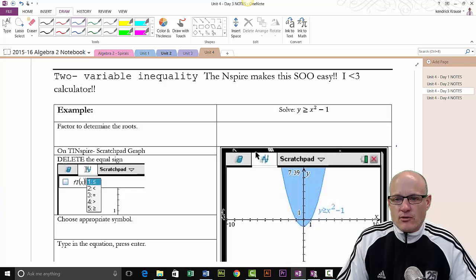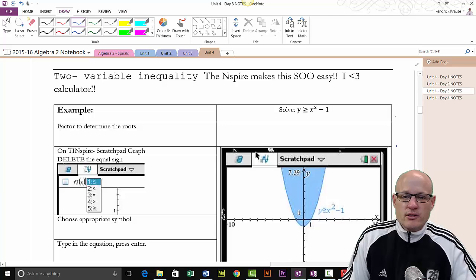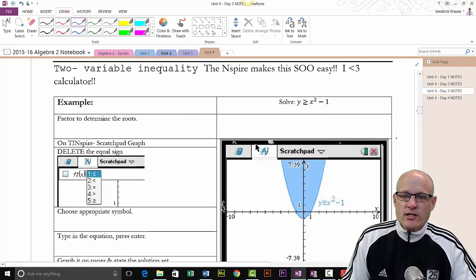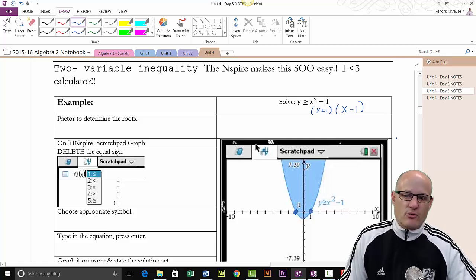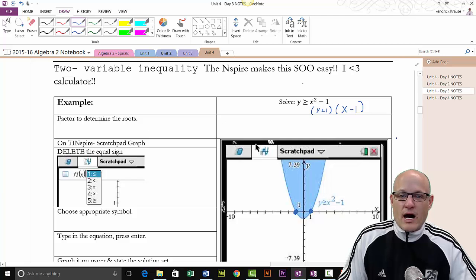Here's the quadratic x squared, and so if I factor this it would be x plus 1, x minus 1, right? So it's got two roots at negative 1 and positive 1. But I don't want a graph where it's greater than 0 or less than 0. I want a graph where y values are above or on top of or greater than this value.